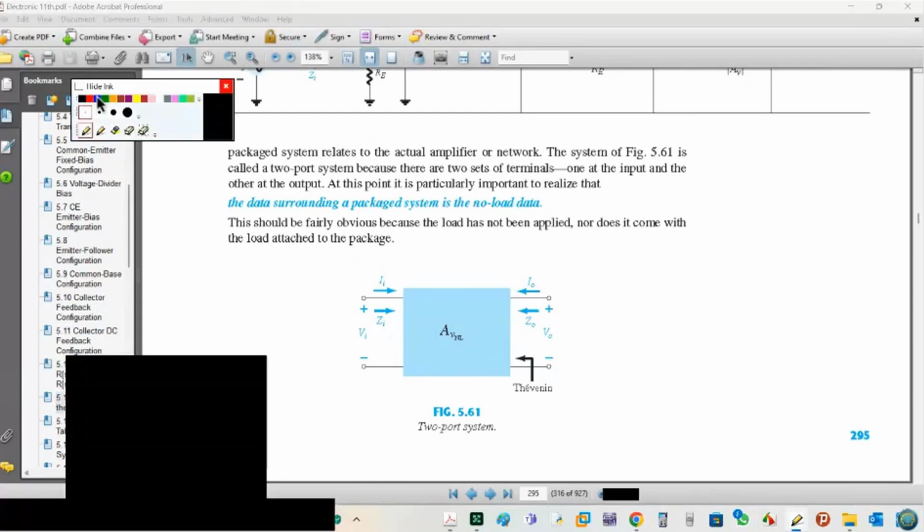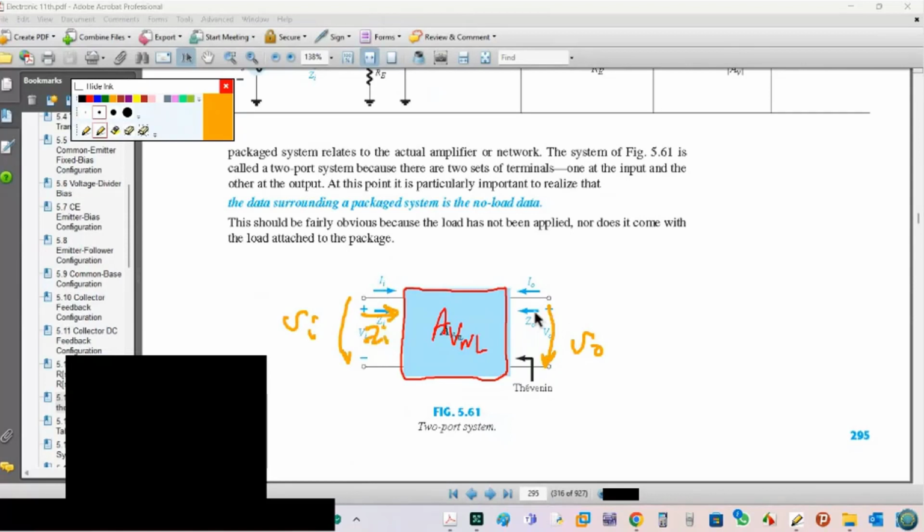The system like this has AV no load, and for this system, if you can see, we have VI, VO, then we have ZI, ZO, II, IO. See about the current, all current will be inside the system.